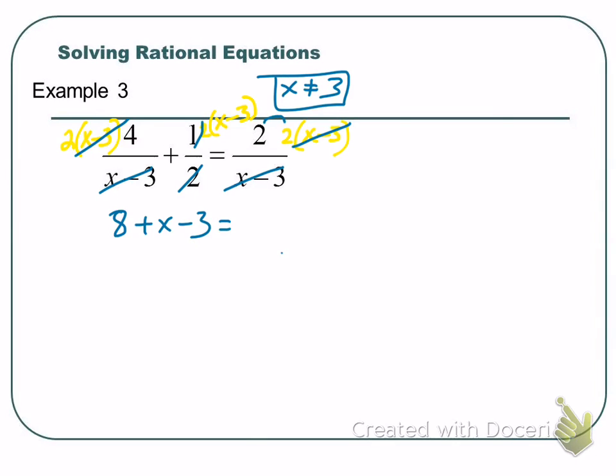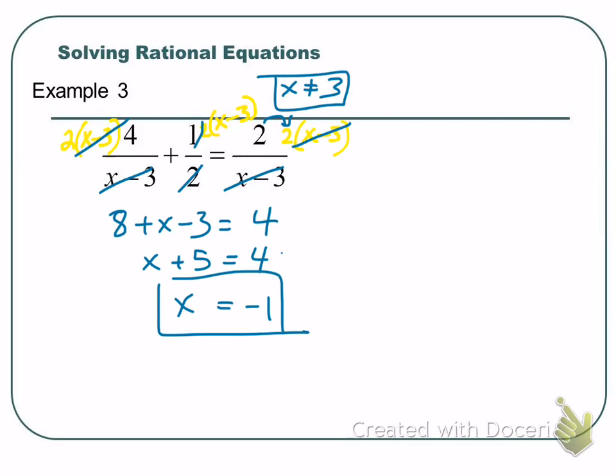We're left with 2 times 2, which is 4. So here we have x plus 5 equals 4. Subtract 5 from both sides, and x equals negative 1. And that's a great answer because it's not equal to 3. All right? Okay, we'll pick up here tomorrow and finish.